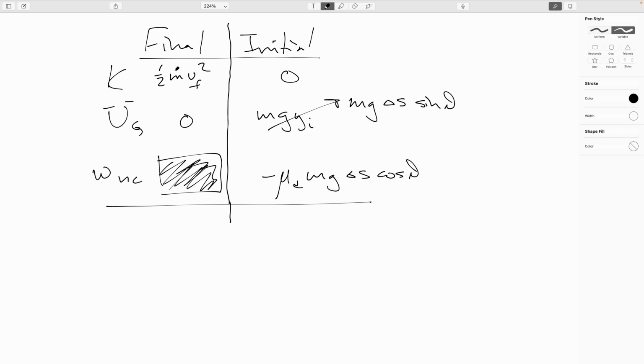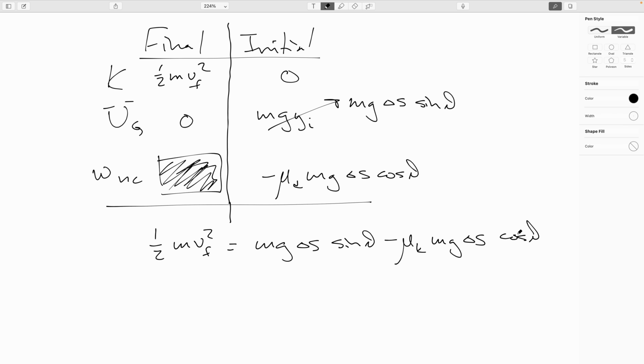All right, so again, same deal. I just add up the columns. In this column, all I've got is 1/2 mv final squared. And over here, I have mg delta s sine theta minus mu k mg delta s cosine theta. Well, the first small favor is that the m's cancel, which is good because I never gave you the mass.